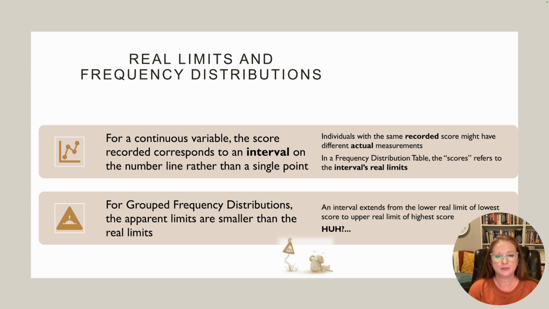It's usually because either you're dealing with a very, very large population, so you're usually dealing with grouped frequency, or with continuous variables, it kind of slurps over to the other side, or melts into the other side. So in a frequency distribution table, the scores, and I put that in quotes on purpose, really refer to the interval's real limits, or how much it expands out.